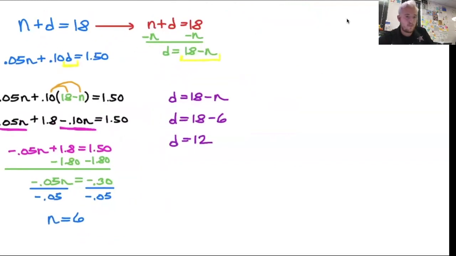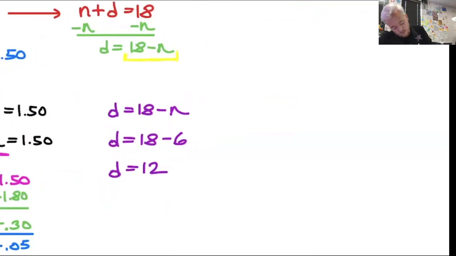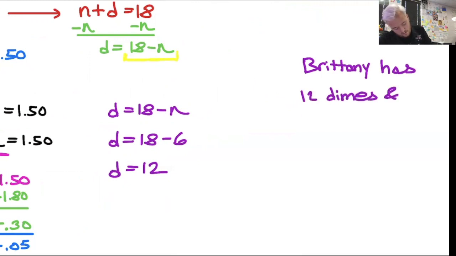Now I need to write my statement. Brittany has 12 dimes and 6 nickels.